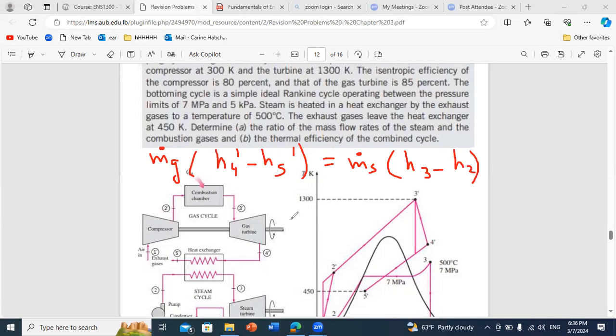So m dot gas over m dot steam is equal... Here I asked for the ratio of steam over gas, so just reverse it: m dot steam over m dot gas is equal to h prime 4 minus h prime 5 over h3 minus h2.